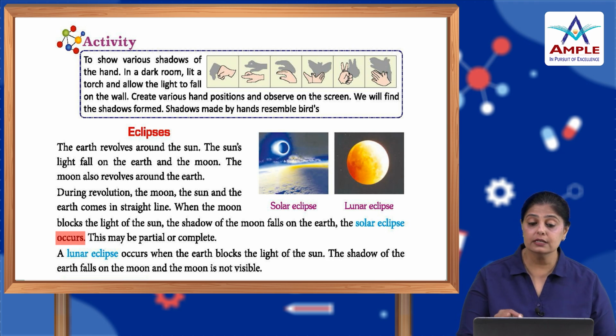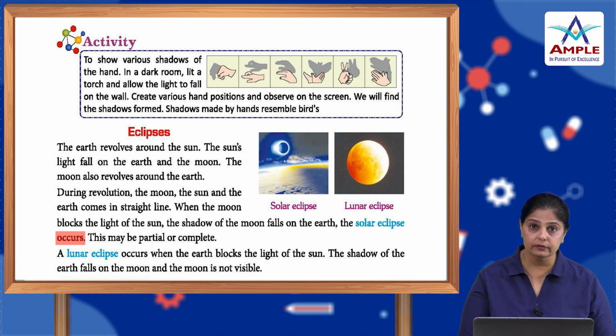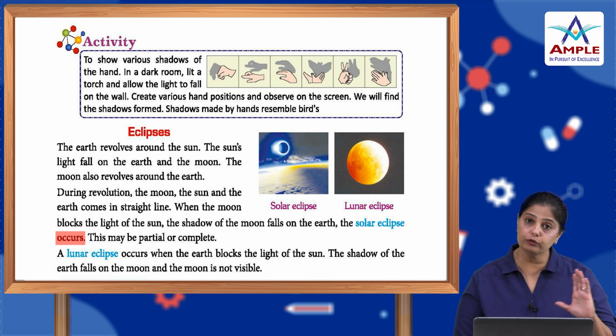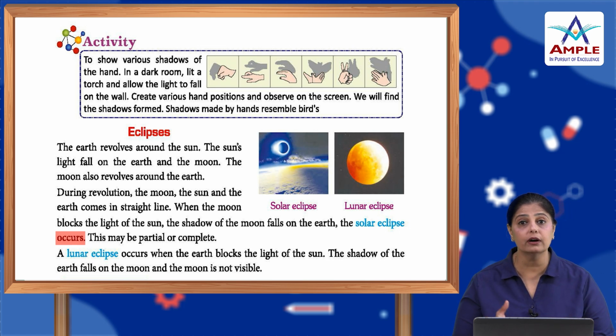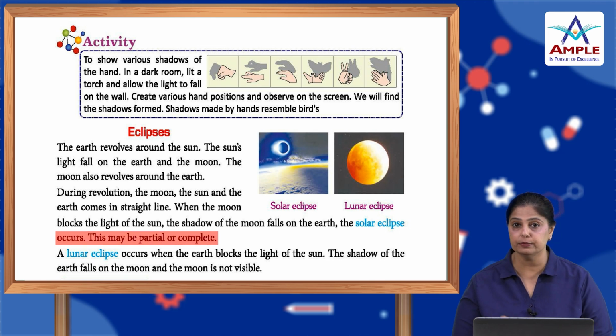When the moon blocks the light of the sun, the shadow of the moon falls on the earth. So, when the moon comes in between the sun and the earth and blocks the light of the sun, the shadow of the moon falls on the earth, and it is known as the solar eclipse, and it can be partial or it can be a complete one.